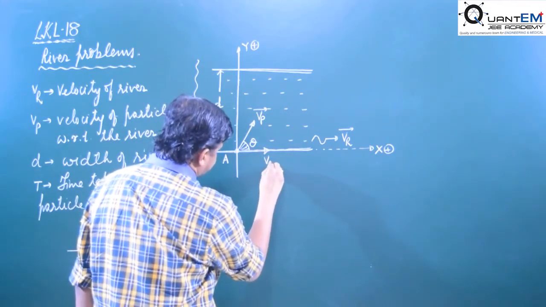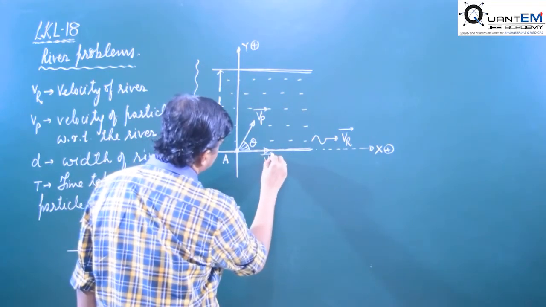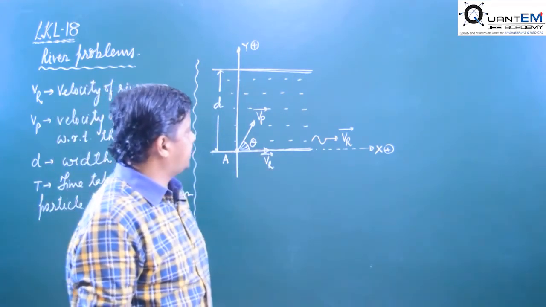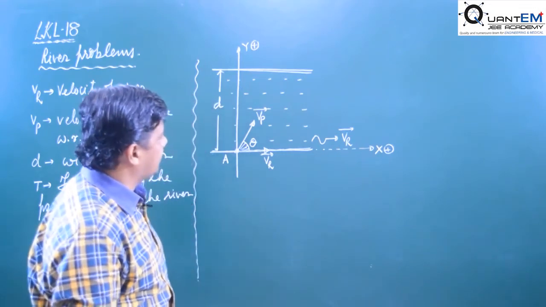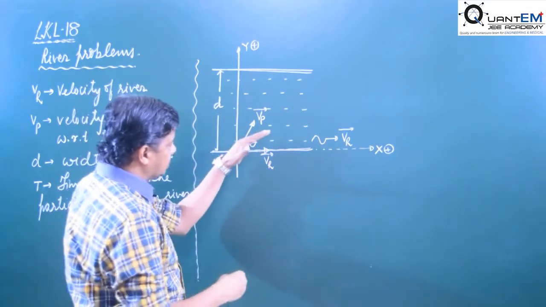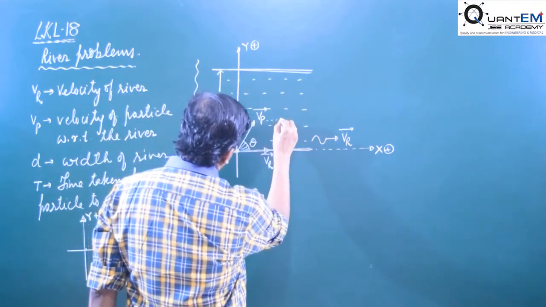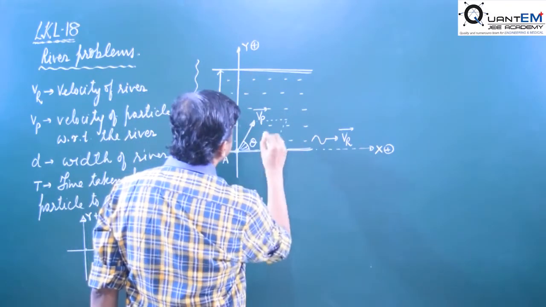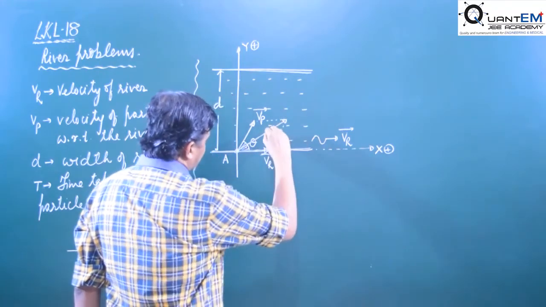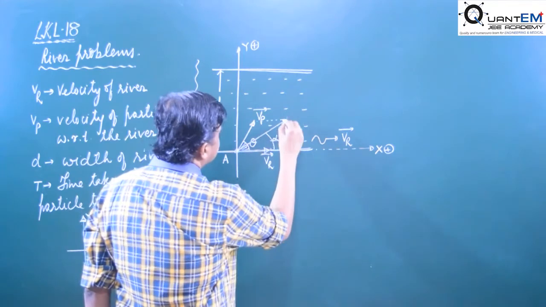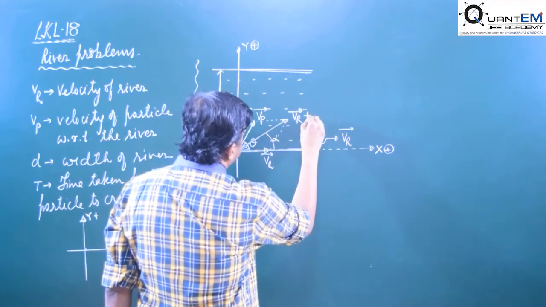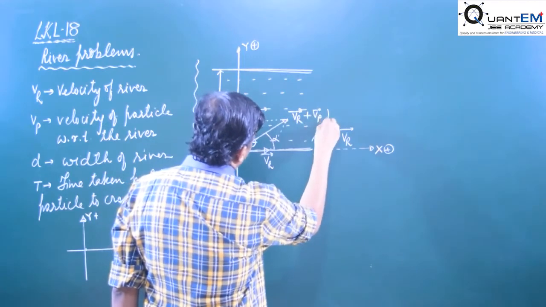According to the parallelogram law of vector addition, the resultant velocity of the particle will be along the diagonal of the parallelogram formed by the velocities. This will be the direction of the resultant velocity. This angle is alpha, and this resultant velocity we have Vr vector plus Vp vector.